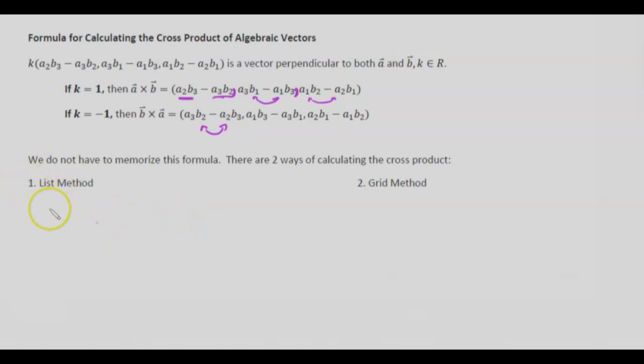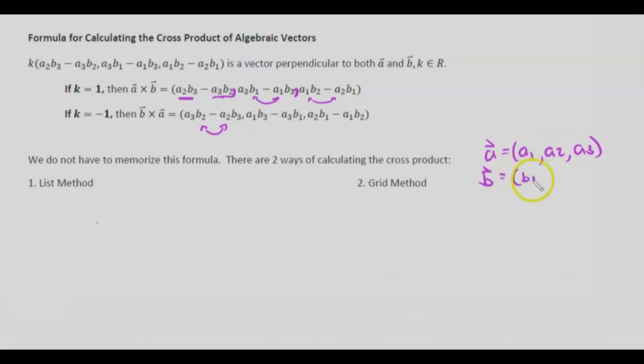So the list method, I didn't actually know until I was working at a school in Hamilton. I learned it with the grid method, like in university, that's how we did it. But I actually like the list method better, okay? So here's the thing. You're going to have 2 vectors. Let's call them vector A is going to be A1, A2, A3, and of course commas between those.